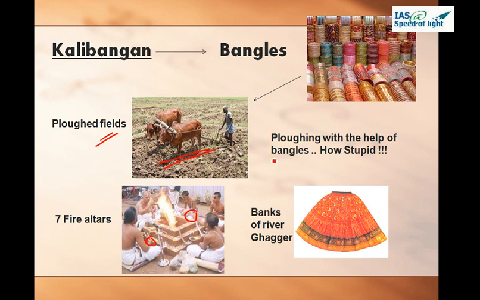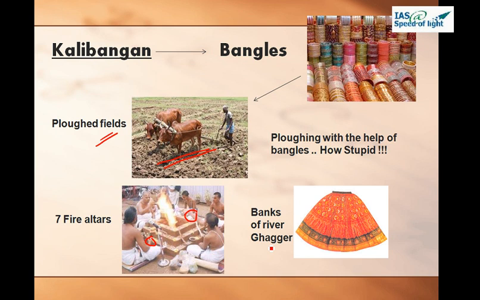Now it is on the banks of river Ghagar, and for Ghagar our image is Ghagra and Choli. Whenever girls wear Ghagra and Choli, wearing of bangles is a must. You cannot skip wearing bangles while wearing Ghagra and Choli. So with Kali Bangan, it becomes bangles.